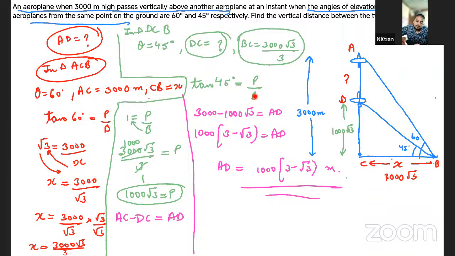Then perpendicular upon base: tan 45 degrees is 1, and 1 into base is base. Then I simply write 1000 root 3. So this distance I got as 1000 root 3. Now this big one is 3000. If I subtract this 1000 root 3, then 3000 minus 1000 root 3 is equal to AD. I take out 1000 as common. From this 3000, 1000 is out, so only 3 will remain behind. From this 1000 root 3, 1000 is out, so only root 3 will remain behind, and this is the answer.